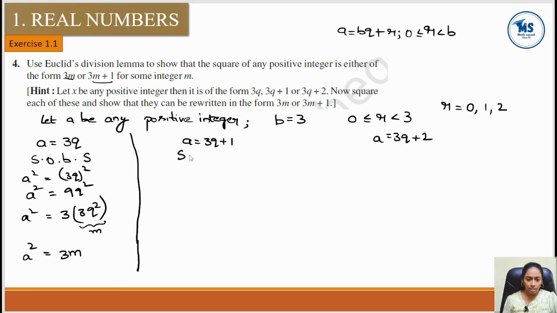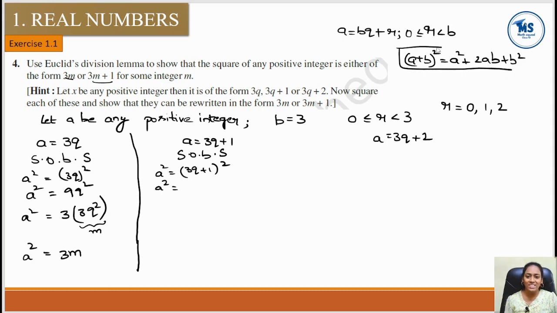Here also, squaring on both sides. Then a square is equal to 3q plus 1 whole square. Using the a plus b whole square formula, a plus b whole square is equal to a square plus 2ab plus b square. I hope you remember this. So a square is equal to 3q whole square, which is 9q square, plus 2 into 3q into 1, which is 6q, plus 1 square, which is 1.